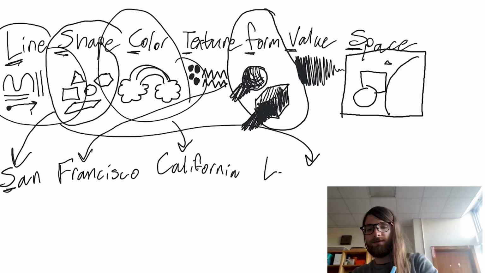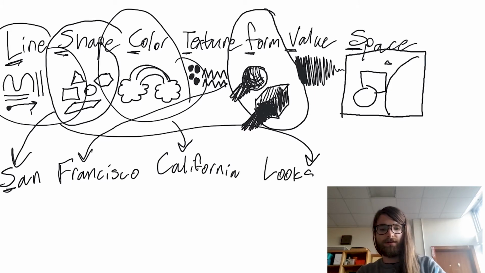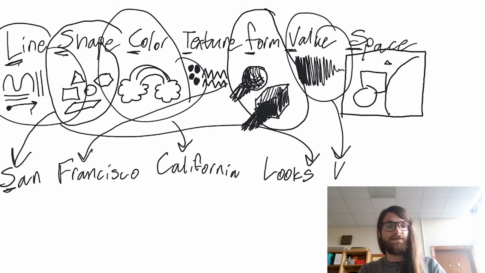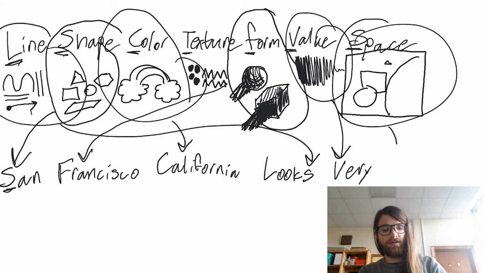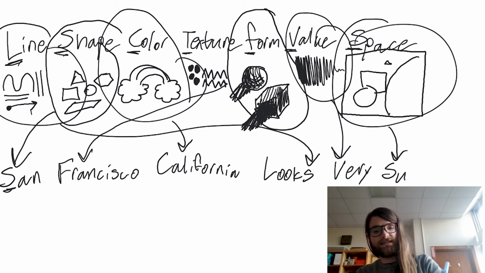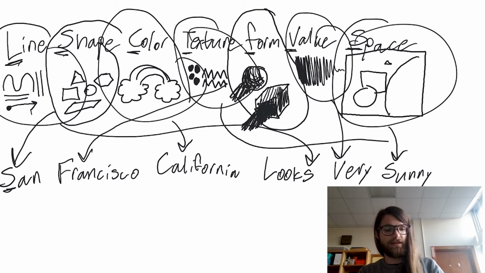Looks, I'm going to take the L from line, put it over here. Very, I'm going to take the V from value, put it down here. Sunny, I'm going to take the S from space, put it down here. And today, I'm going to take the T from texture, put it down here.